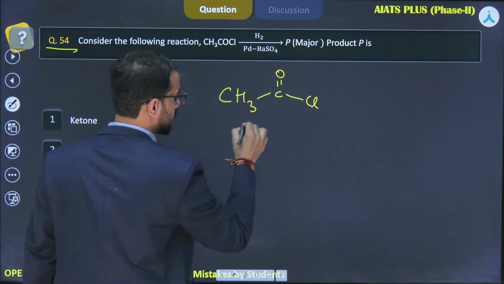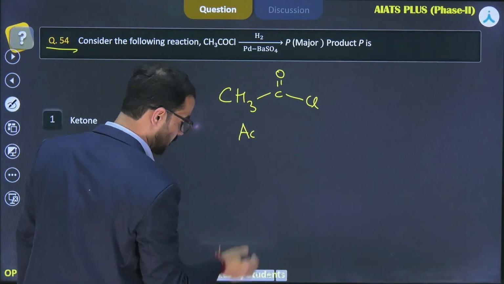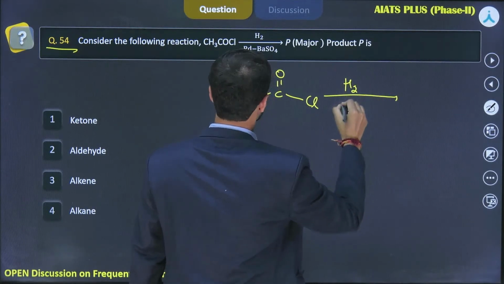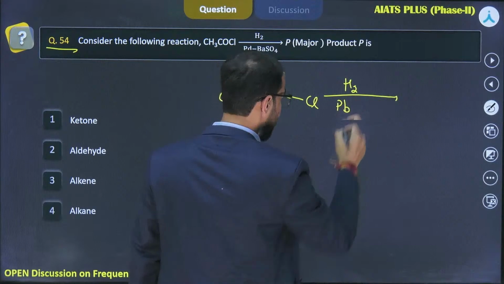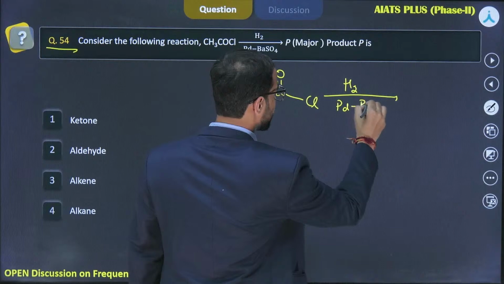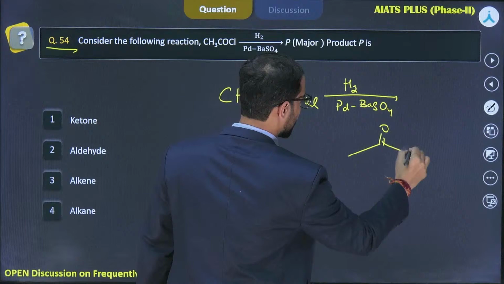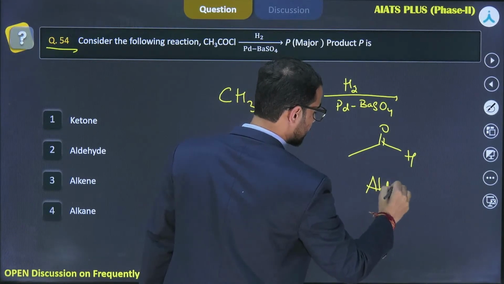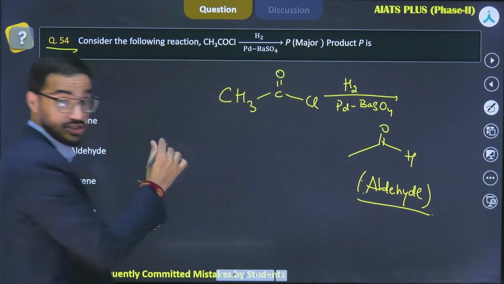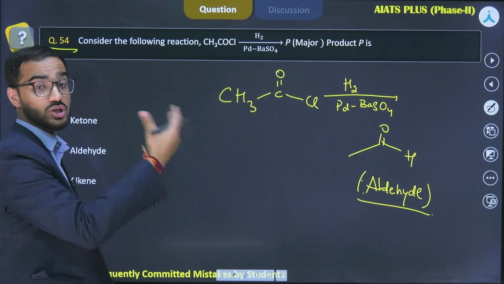This is an acyl chloride, and you are reacting with hydrogen in the presence of Pd, BaSO4, and you will be getting an aldehyde.